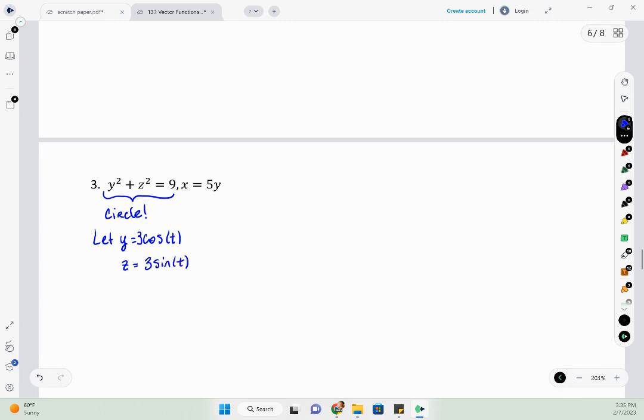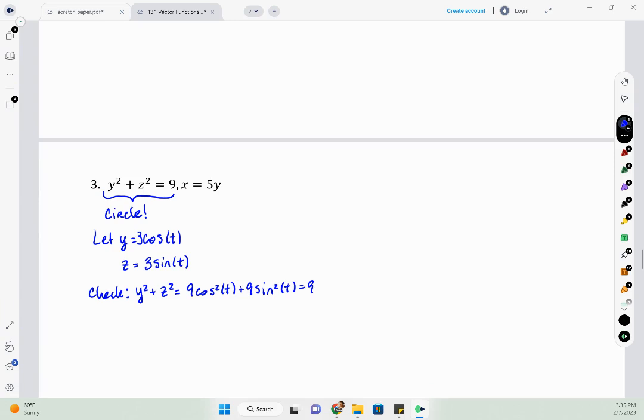And then we just check it, right? Can always check. So y squared plus z squared is equal to 9 cosine squared of t plus 9 sine squared of t, which is equal to 9. Okay, that's good. So we have y and z in terms of t. Now we just need x in terms of t.